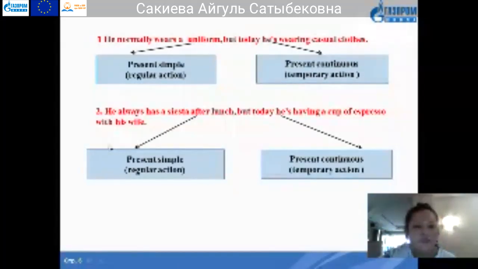Second example: he always has a siesta after lunch, but today he's having a cup of espresso with his wife. Again, always. What kind of action is this? This is a regular, repeated action, yes? And what about here? This is a temporary action. Today he is having a cup of espresso with his wife.